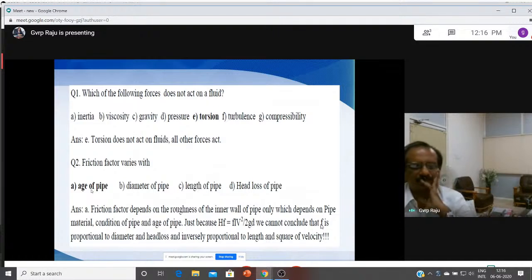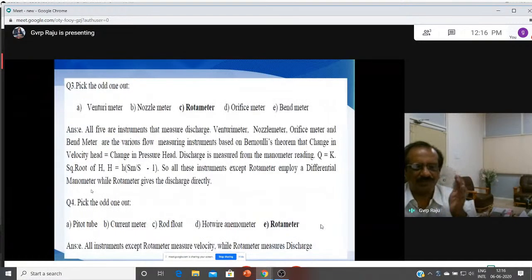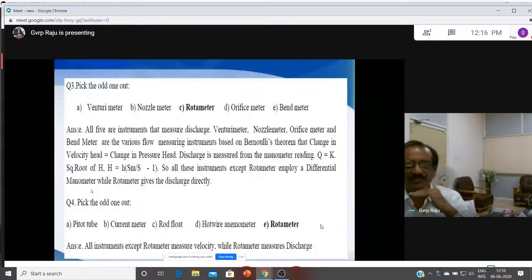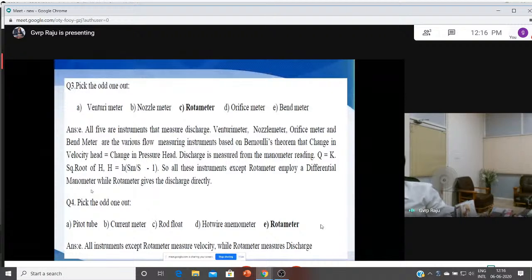Slightly typical here. Pick the odd one. If you see all the instruments, Venturi meter, nozzle meter, rotameter, orifice meter and bend meter, all these are measuring discharge except rotameter.